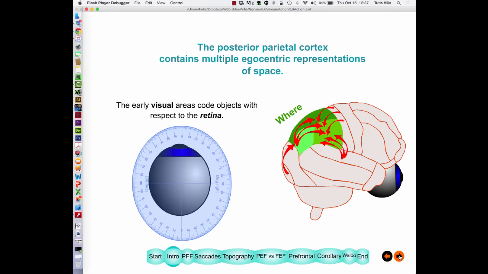And there's a variety of egocentric frames that you could have. One is when you look at things with your eye, you see them with respect to your eye, so it's with respect to your retina. And the retina is things that are with respect to the center of the retina, the fovea. So are they to the left of the fovea? Are they to the right of the fovea, above the fovea, that sort of thing.